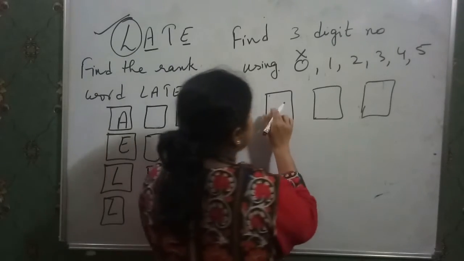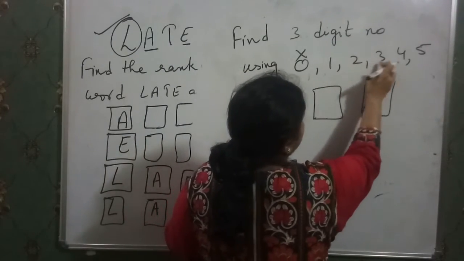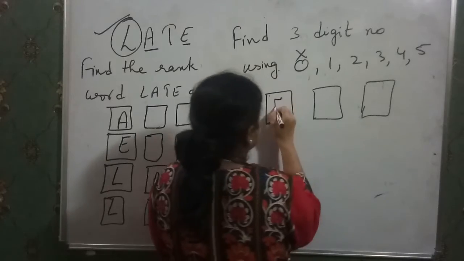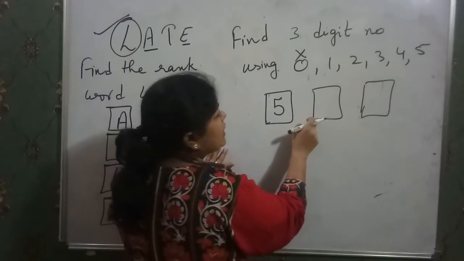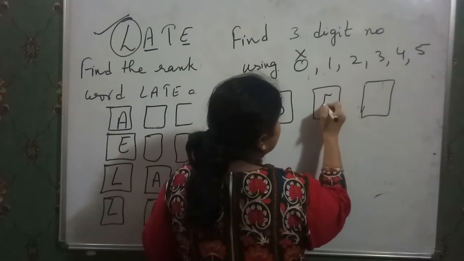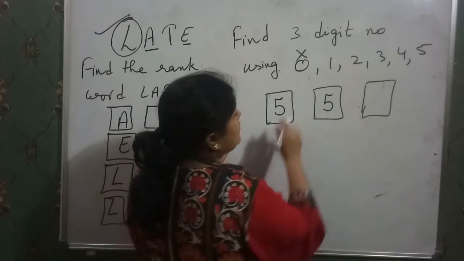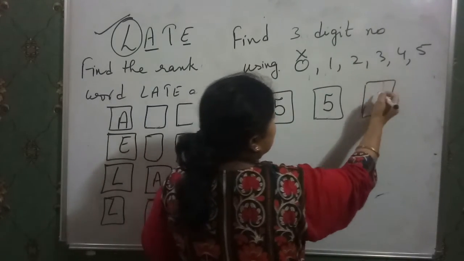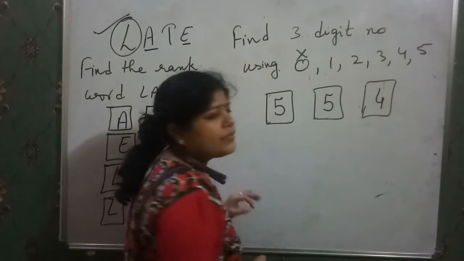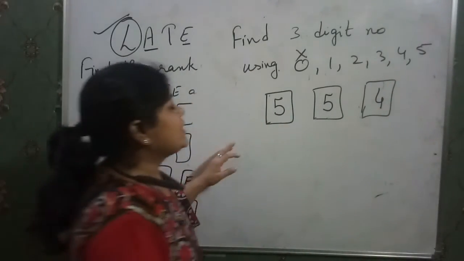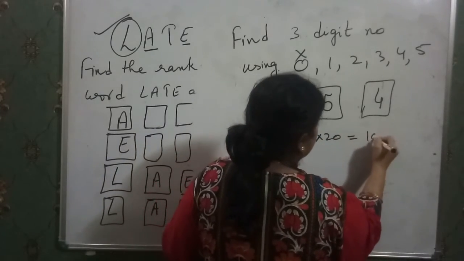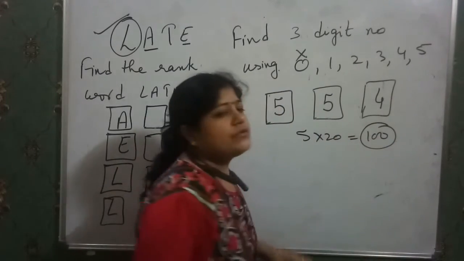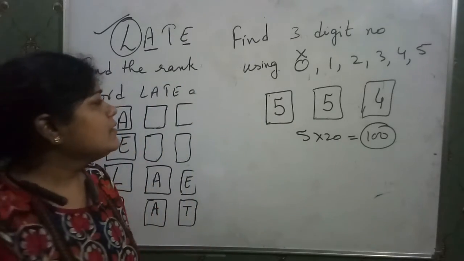So the first place can be filled in 1, 2, 3, 4, 5 ways. Clear? Not with 6 ways. The second is filled again with 5 ways because now 0 is counted, and the third place with the help of 4 digits. So our answer becomes 5 into 20, that is 100 ways. In this way these questions can be done.